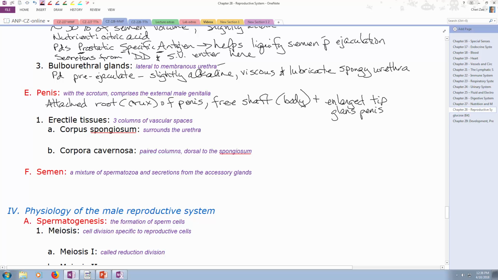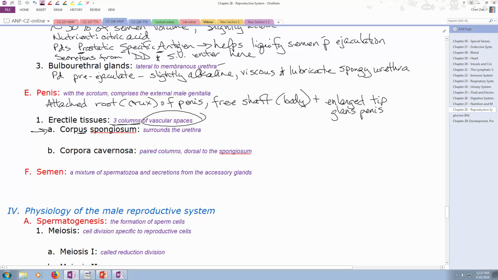The penis is basically all erectile tissue because of the vascularity. So we see here vascular spaces, and we have 3 columns of vascular spaces. This is very vascular tissue. We have 1 corpus spongiosum. Corpus, like nucleus.